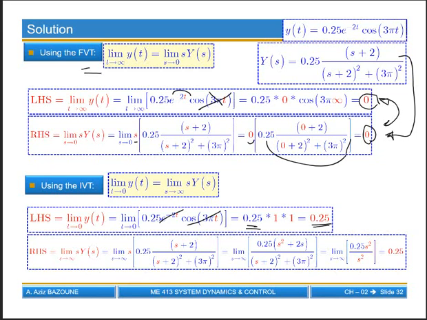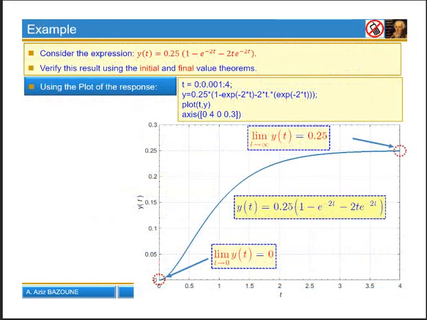Here you have s times s, which will be s squared, 0.25 s squared. And here you have s squared. So s squared simplifies with s squared. This will give you 0.25, and the same limit. So this is the initial value theorem, and this is the final value theorem. I think time is over now. This is another example.